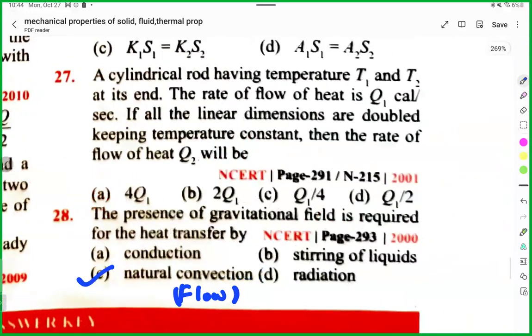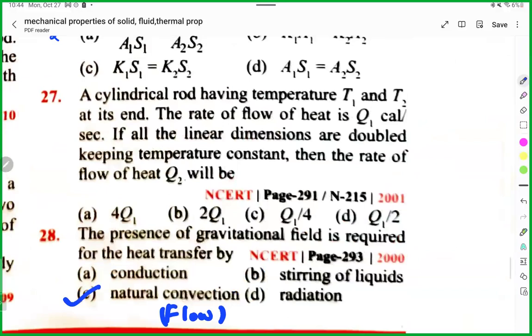Okay. Now this question looks like a repetition. A cylindrical rod having temperatures T1, T2, the rate of flow of heat is Q1.